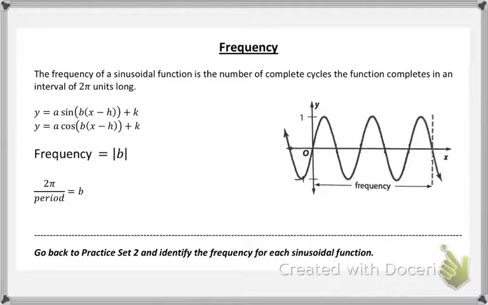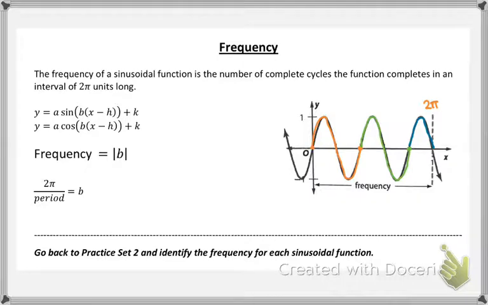So frequency is just b, very easy to identify from the equation. And from your graph, let's say 2 pi is right here. In an interval of 2 pi, according to this sinusoidal function, it looks like we've completed one full cycle before it starts repeating again, another full cycle, and then half of a cycle.